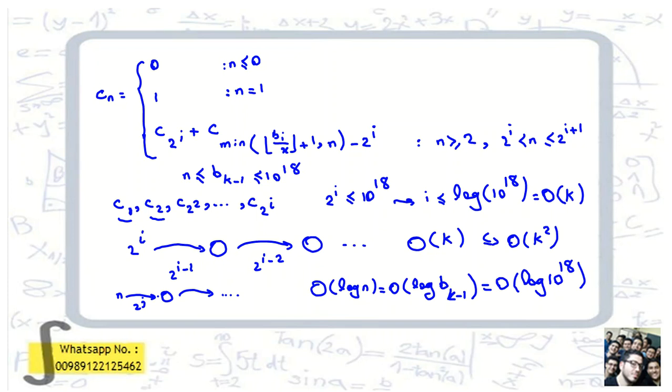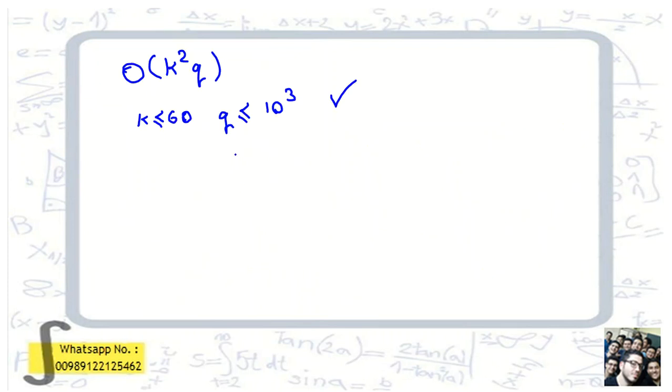So for finding n, it would be order of logarithm of n, and it is order of logarithm of bk minus 1, order of logarithm of 10 to the 18, which you can say is order of k. Since at first you found it in order of k squared, the combination of them would reach order of k squared. And at last, since you have q scenarios, it would be order of k squared times q.